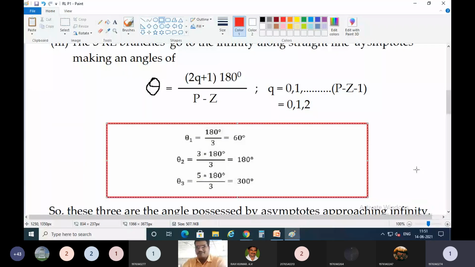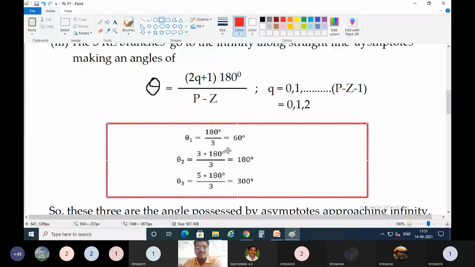If you apply 2, 5 into 180 by 3, that is 900 by 3, 300, sir. So 3 angles of asymptotes: 60 degrees, 180 degrees, and 300 degrees. These are the angles which give the direction to the root locus branches which approach infinity.